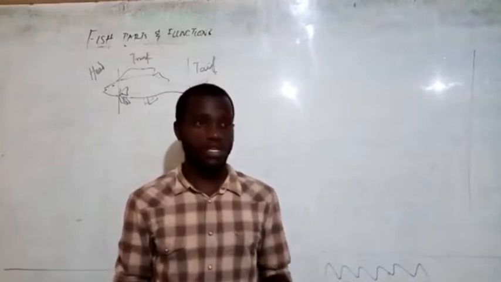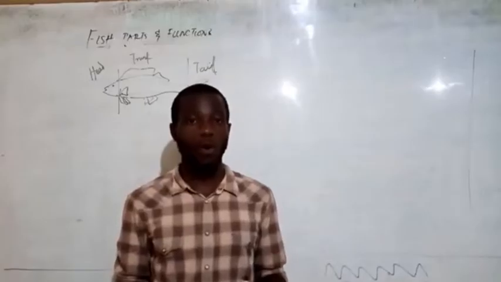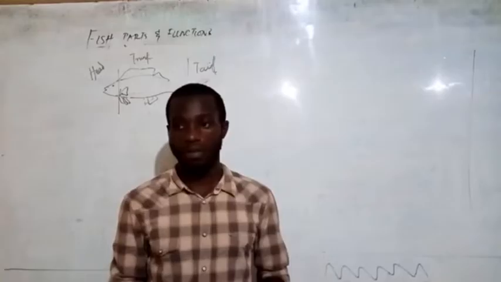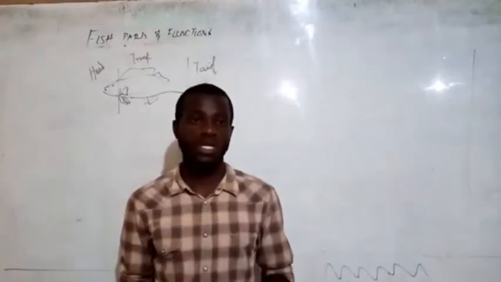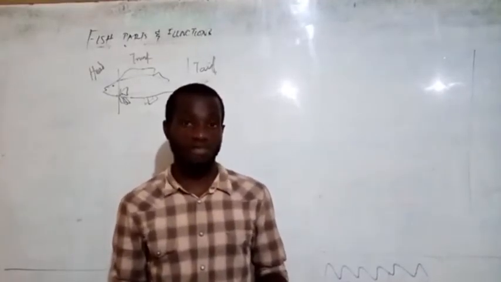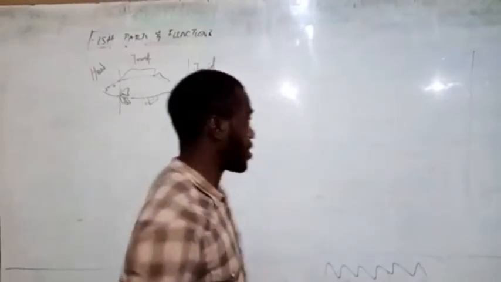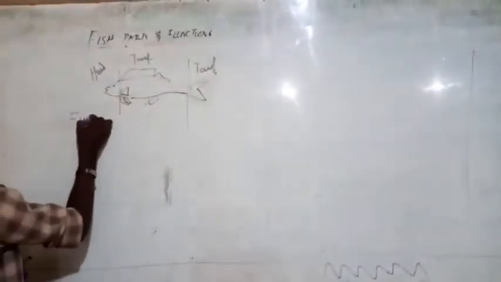They use this function very much for a whole lot of their biological processes, including locomotion, and in some cases defense, some cases reproduction, and the likes. The parts we are talking about today are actually the fins of the fish.